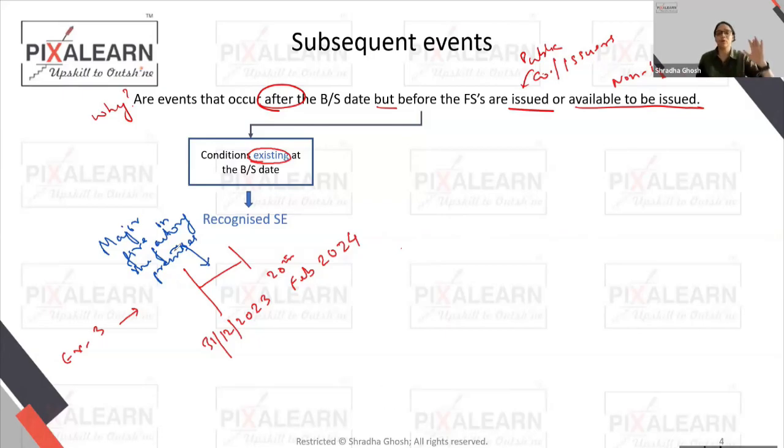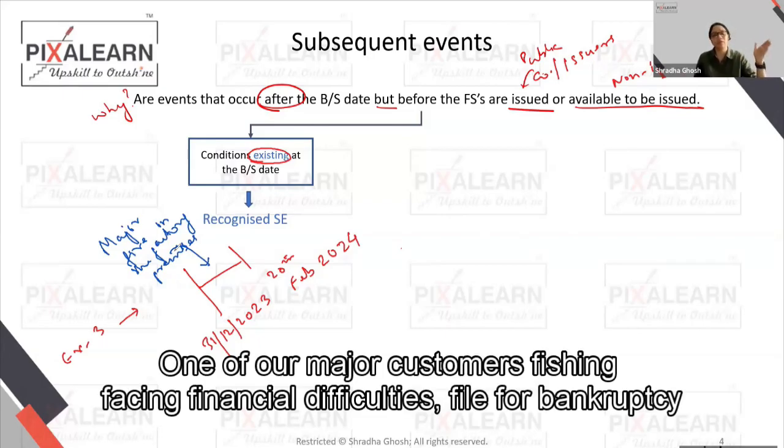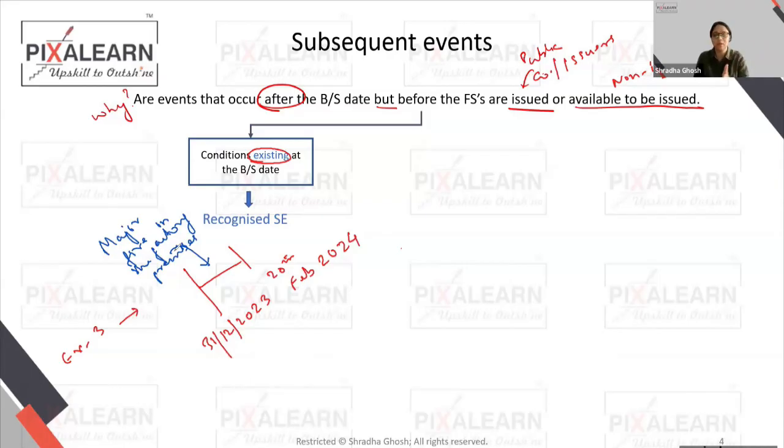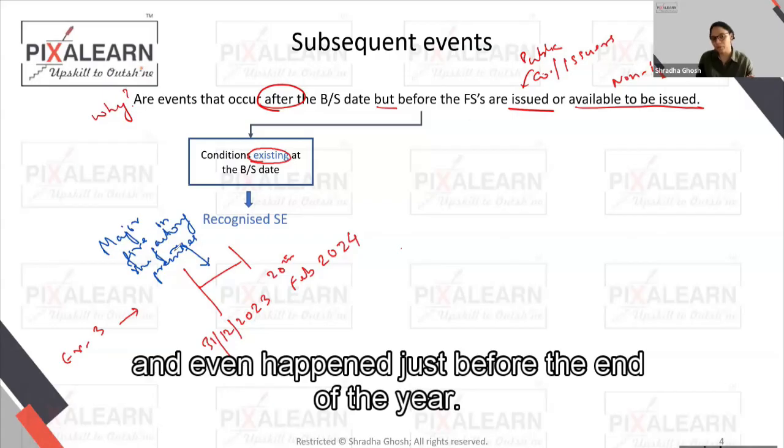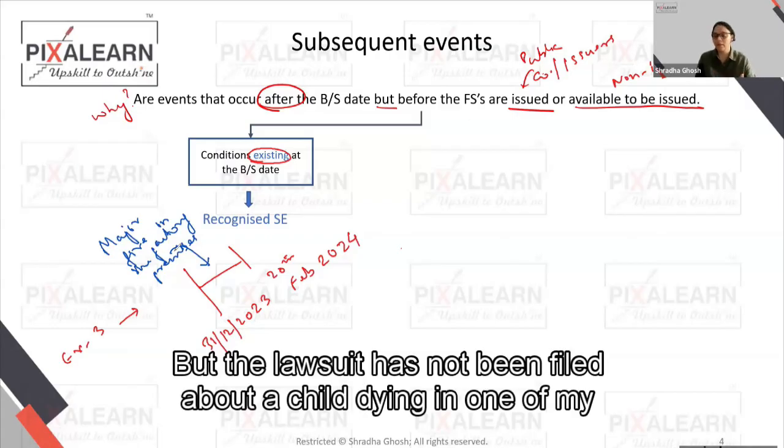So, three examples. One: one of our major customers facing financial difficulties filed for bankruptcy after 31st December. Two: an event happened just before the end of the year, but the lawsuit has not been filed, about a child dying in one of my business premises.